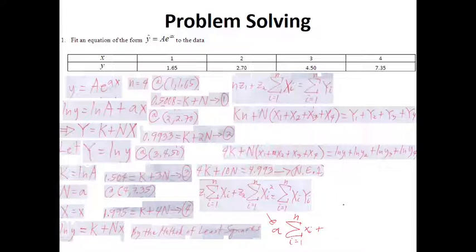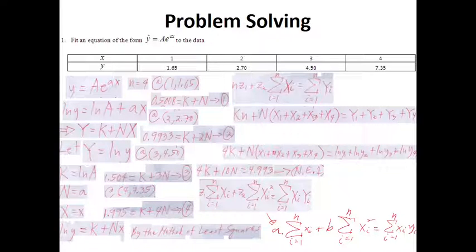So z sub 2 is b in my previous discussion, summation x sub I squared from I equals to 1 to n. K equals summation x sub I, y sub I from I equals to 1 to n.